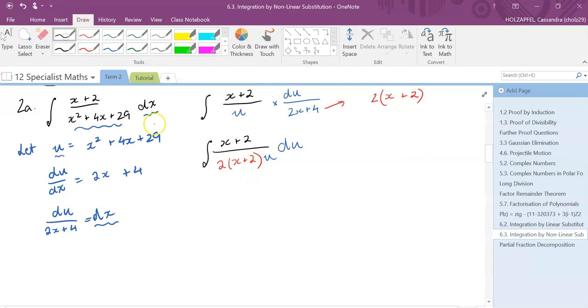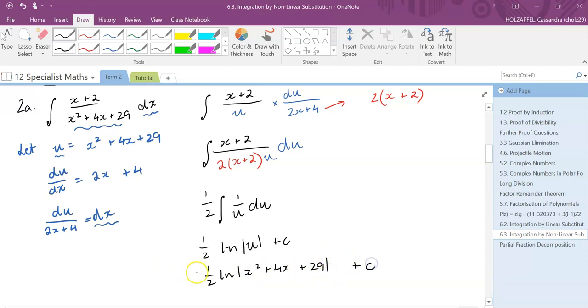So that's actually going to be pretty simple for me now, because I'm going to find the integral of 1/2 of 1 over u du. And so when we find the integral of this, it is just going to be 1/2 ln u plus c. So substituting in the inside function now, this was x squared plus 4x plus 29 plus c.